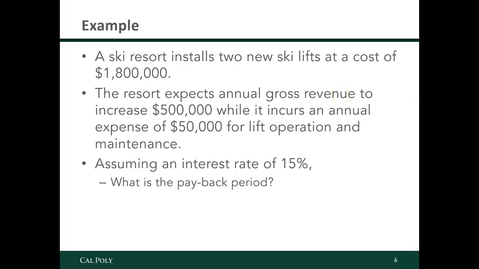I'm going to contrast this against the break-even time. The payback period would not consider the interest rate, or it would say the interest rate is 0. For the break-even time, you do the same sort of thing, except you use the interest rate of 15%.